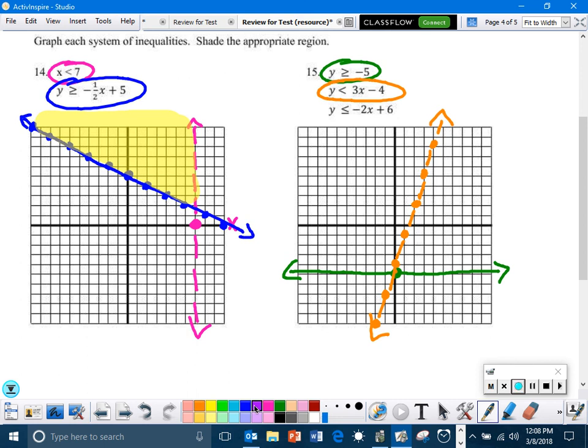Okay, next one. Start at 6. And down 2 over 1. And that has an equal to on it, so that one is a solid line.